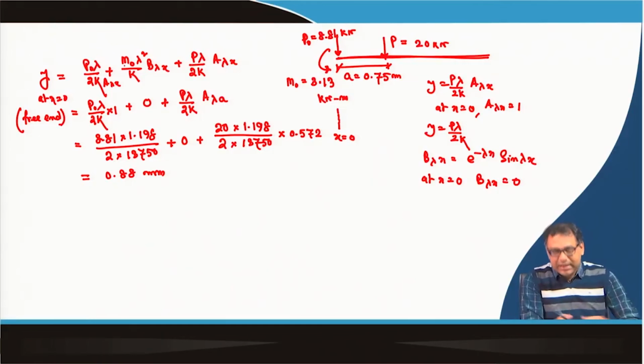But in this case it is 0, so we are not thinking about the value of M0. But if B lambda x is not 0, then remember that M0 is minus, so you have to put the minus value, clear.